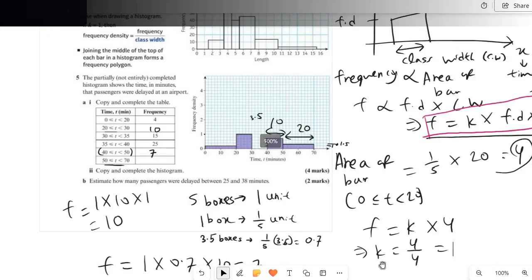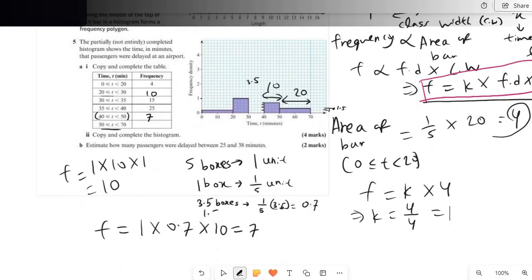So we can convert this again. 1.5 boxes should mean a value of 1/5 multiplied with 1.5, and this gives us a value of 0.3.